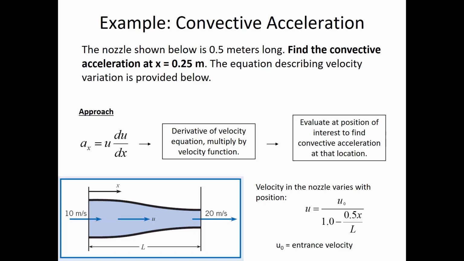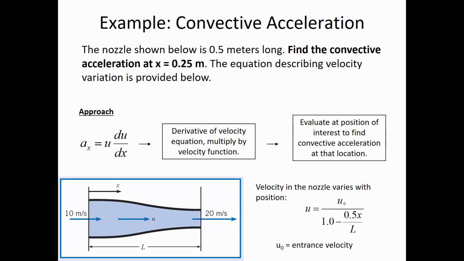So I'm going to call m 1 minus 0.5x divided by L. So that gives us that the velocity is the initial velocity divided by m. This equation on the screen, the velocity as a function of position, is just going to be the initial velocity divided by this new pseudo-variable m that I've defined. In other words, we could say that's the initial velocity times m to the minus 1 power.